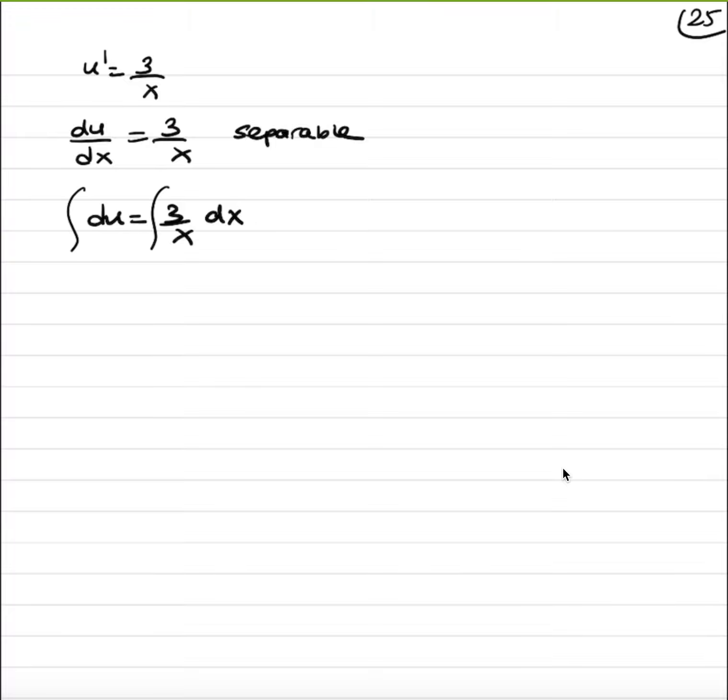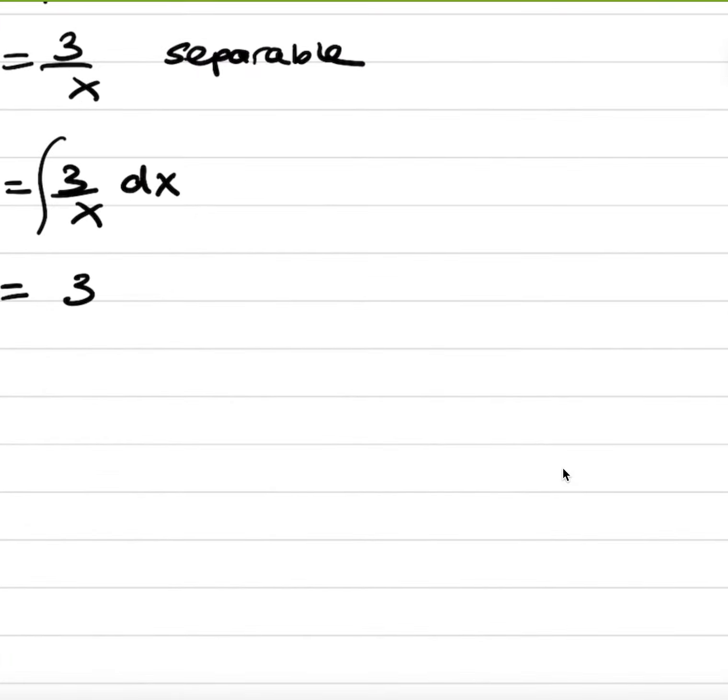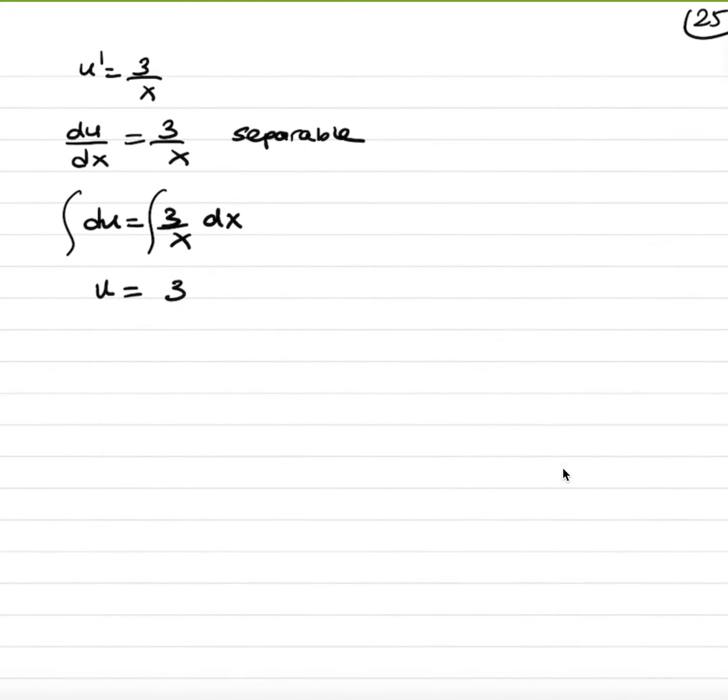What is the integral of du? It is u. What is the integral of 3 over x? It is 3 ln absolute value of x plus c. So recall, we know that the integral of 1 over x dx is equal to ln of the absolute value of x plus c, because the ln function is not defined for negative values.